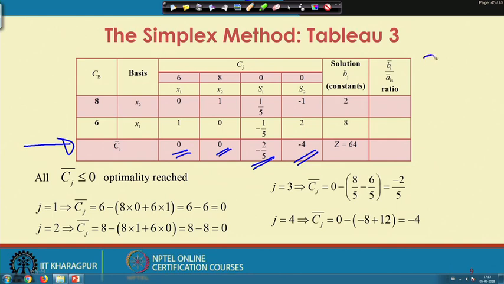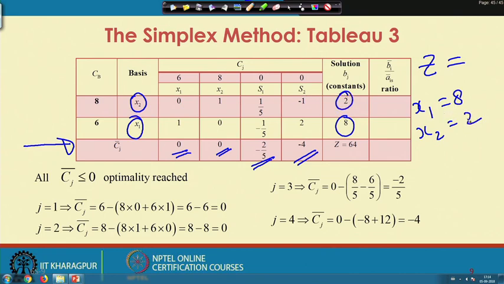So, what is the value of the Z at optimality? X1 equal to 8, X2 equal to 2 is the solution.